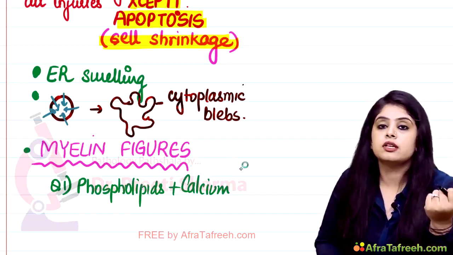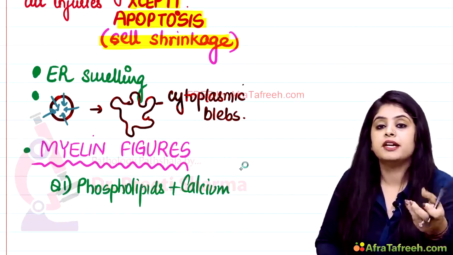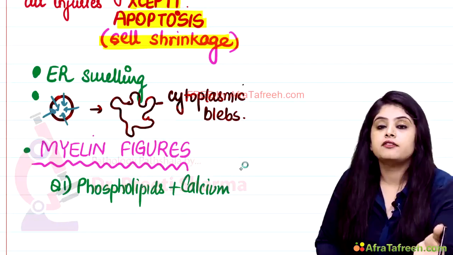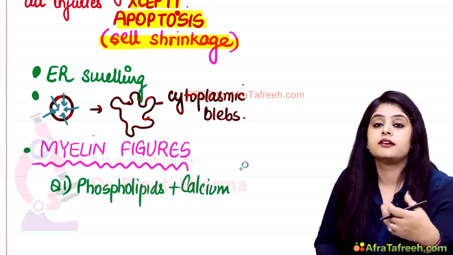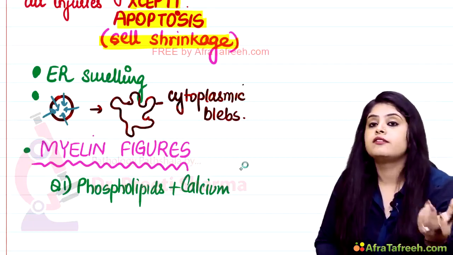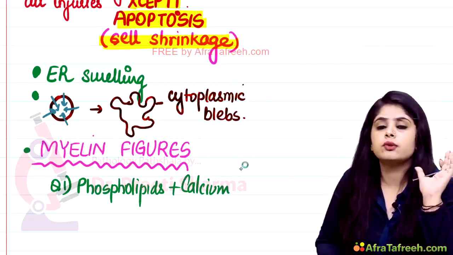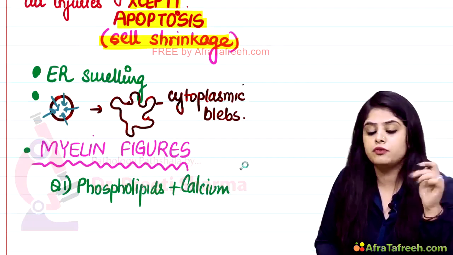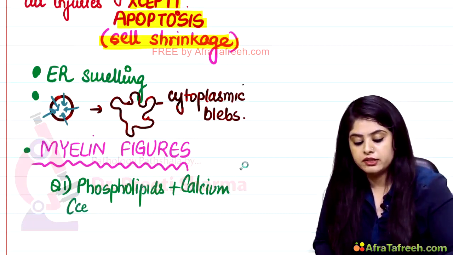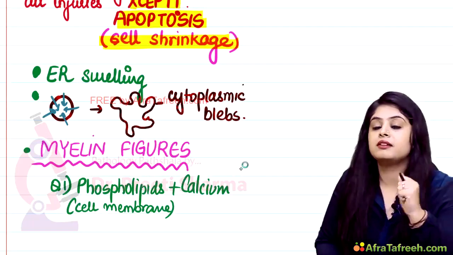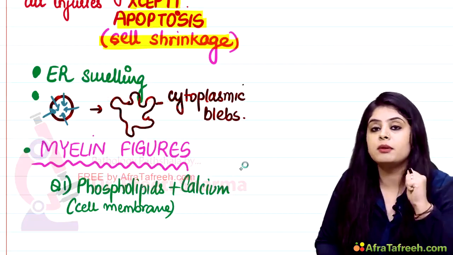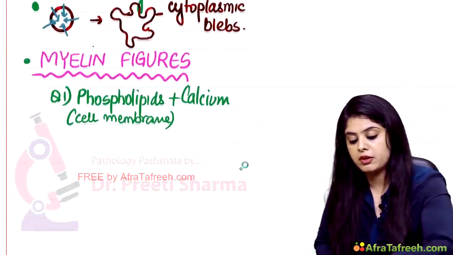Once a question came in the AIIMS exam: myelin figures are derived from ribosomes, peroxisomes, lysosomes, or the cell membrane? If you know myelin figures have something to do with phospholipid, you will know that this is derived from the cell membrane. So some lipids from the cell membrane have started to break off and they are combining with calcium, forming myelin figures. That is question number 1.